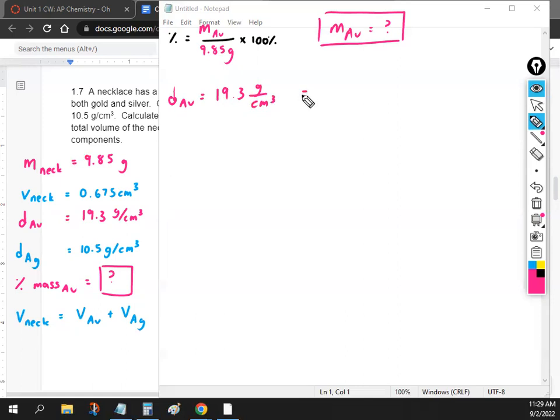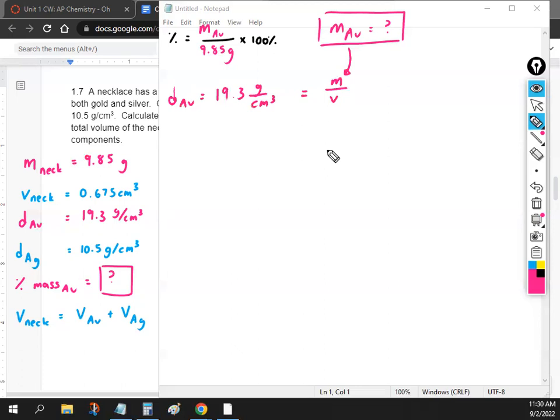Now, we also know that density is equal to mass divided by volume, right? So if we have the density, we can find a way to find the mass of gold using this density formula. If we do some calculations, we can find the mass of gold with this formula.